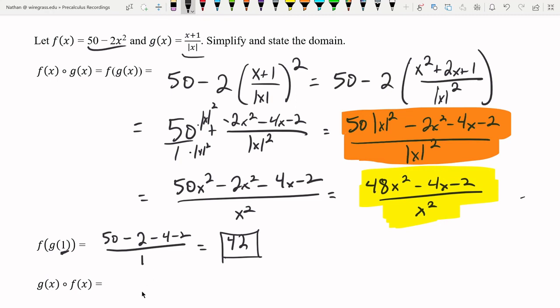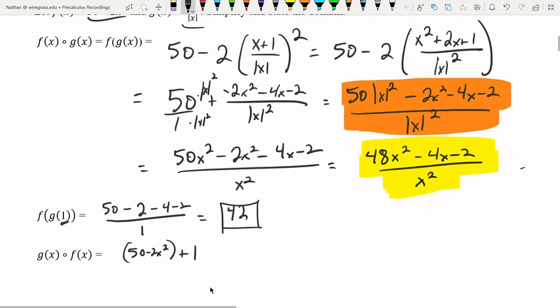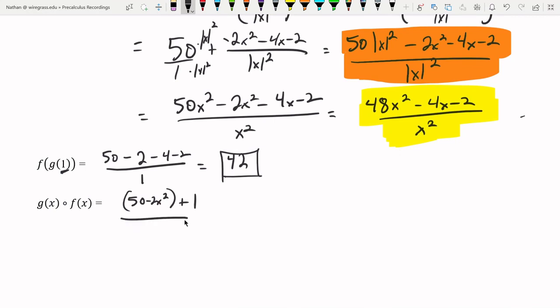Now plugging it in the other way, g of f of x is going to be x, which is now f of x, plus 1 over the absolute value of f of x. On top, we can of course just drop the parentheses.